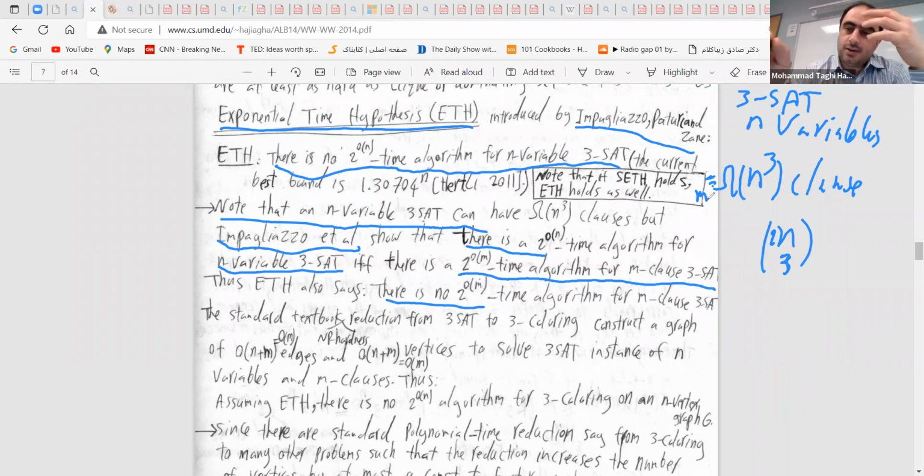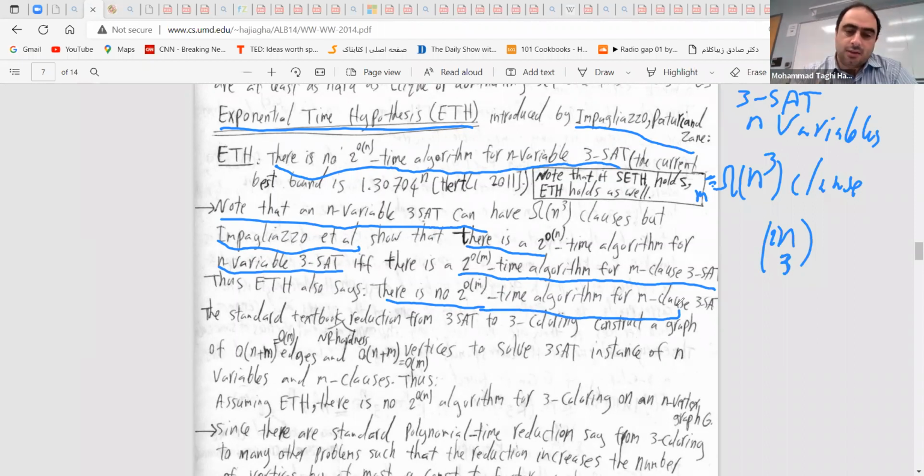This is somehow even stronger, but equivalent to the exponential time hypothesis. This is the version of ETH that we want to work with.